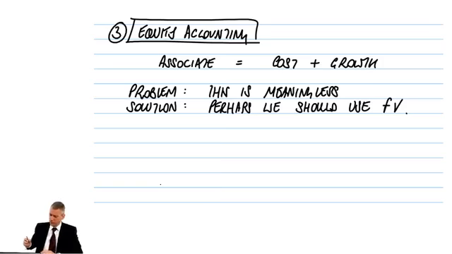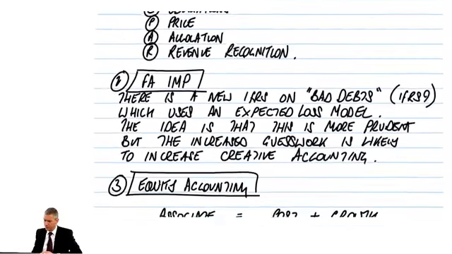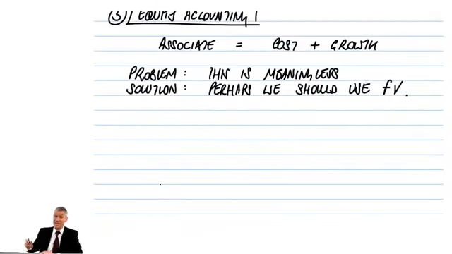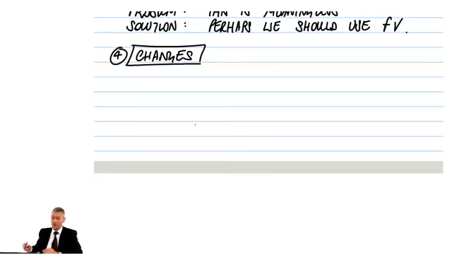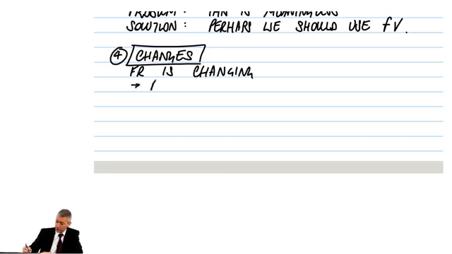Coming in at number 4, oh beauty, I do hope this happens for you, is the wonderful subject of changes, or as everyone else knows it, change. First of all, financial reporting is changing in so many different ways, including there's a new standard on revenue, there is a new standard on financial asset impairment, and there are proposals for equity accounting.